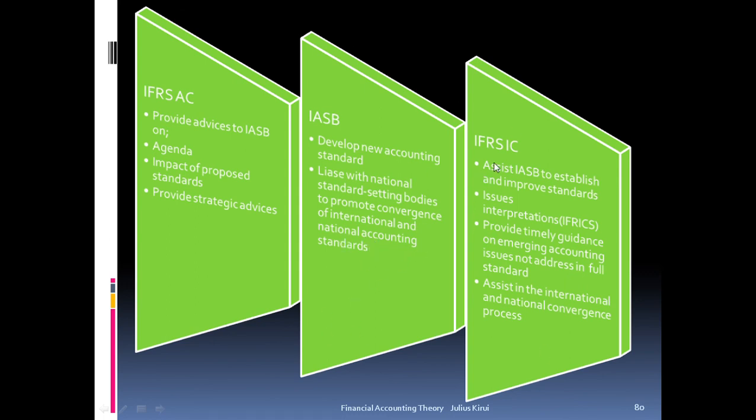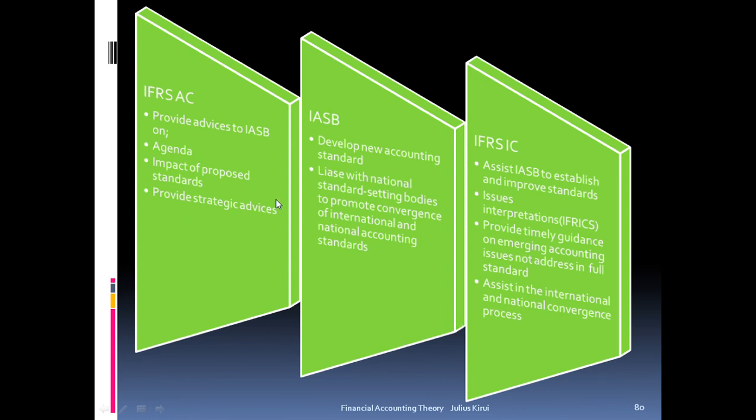Now when you come to the International Financial Reporting Standard Interpretation Committee, it assists the International Accounting Standard Board to establish and improve the standards. It issues interpretations, provides timely guidelines on emerging accounting issues not addressed in full standards, and assists in the international and national convergence process.